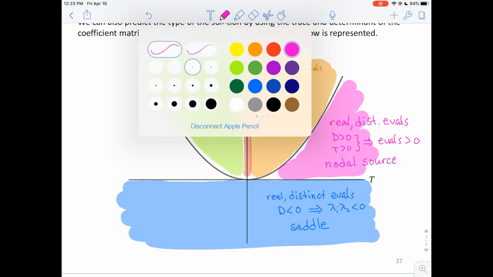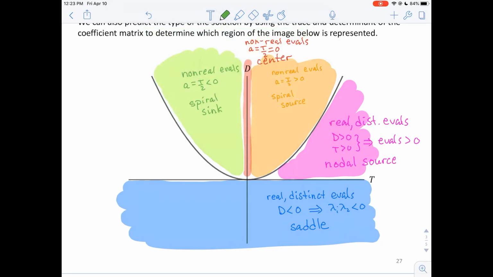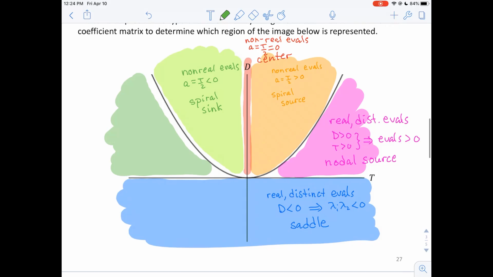And then by process of elimination, at this point I think we feel pretty comfortable knowing how to get this last one. Let's do the darker green. Right, this area over here. Over here, we're going to have, again, real and distinct eigenvalues.